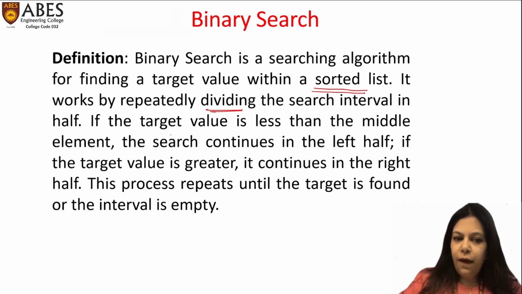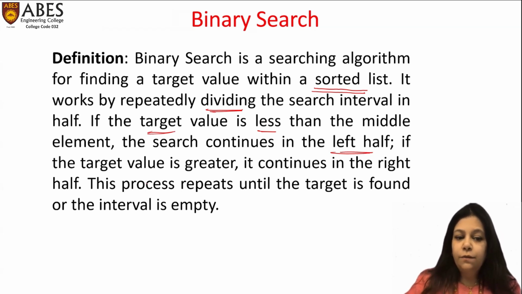So the target value is always searched at the middle index. And if the target value is less than the middle index, then the search continues in the left half, thereby ignoring the right half of the array and decreasing the size of the array in every iteration by half.